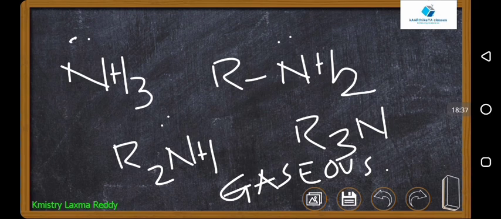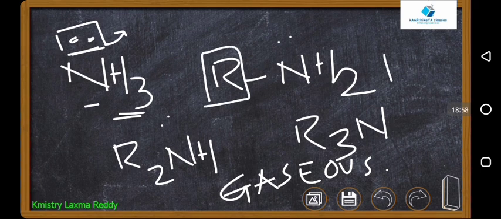Here, nitrogen wants to donate the lone pair of electrons for coordinate covalent bond formation, not complete donation. In ammonia, three hydrogens are attached. These hydrogens do not support nitrogen in any sense; hydrogens are neither plus I nor minus I. But in this case, this is called a primary amine.